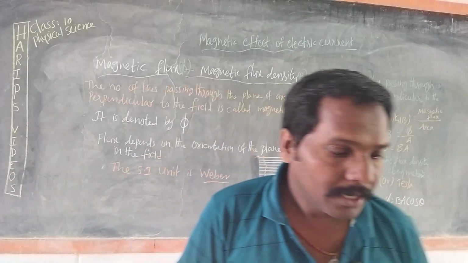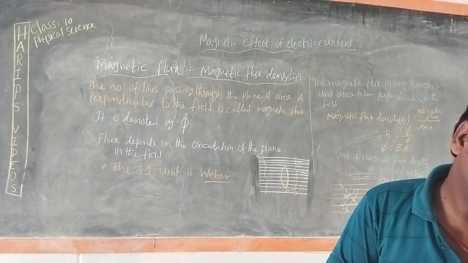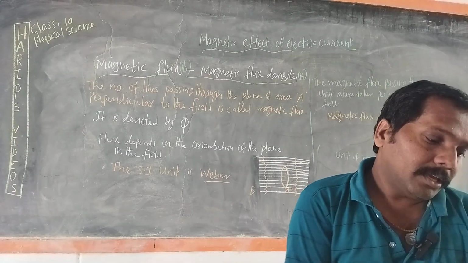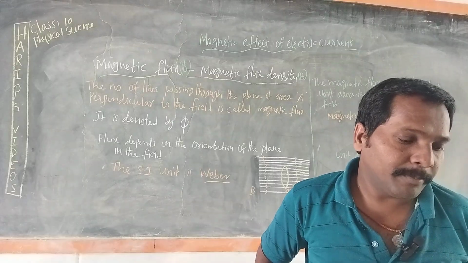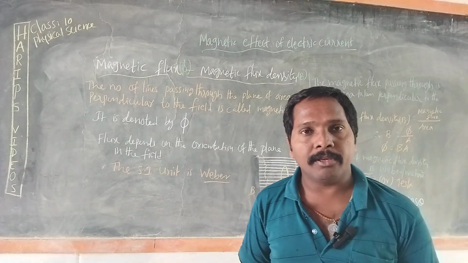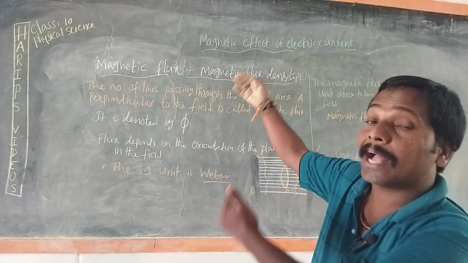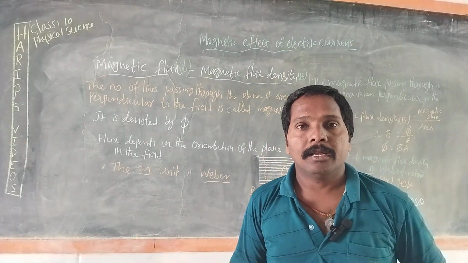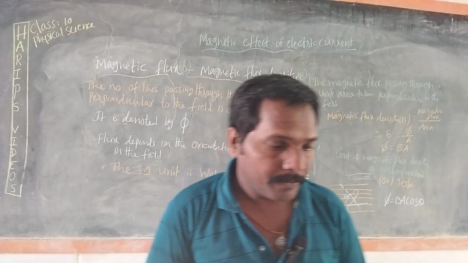Let us discuss magnetic flux and magnetic flux density. Can we give certain values to the magnitude of the field at every point in the magnetic field? Already we said that the magnetic field has magnitude as well as direction. So in what way do we give the magnitude?